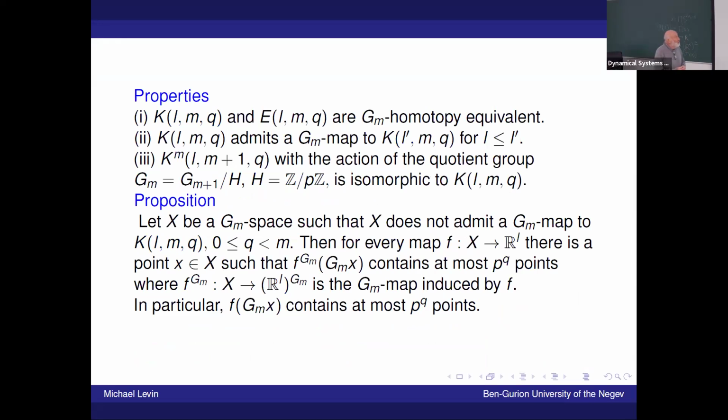Now, some properties of the spaces. First of all, K_q^n and E_q^n are G_n-homotopy equivalent. Okay, so let me remind you what G-homotopy means. If we have two G-spaces, and G-maps between them, equivariant maps. Now homotopy is defined on the product of the domain with a 0-1 interval.